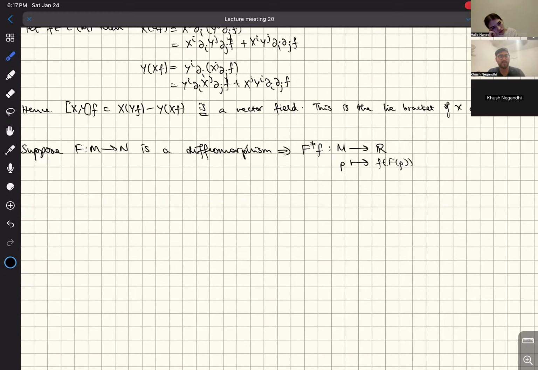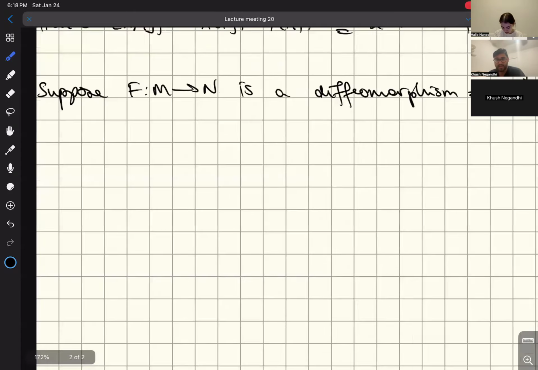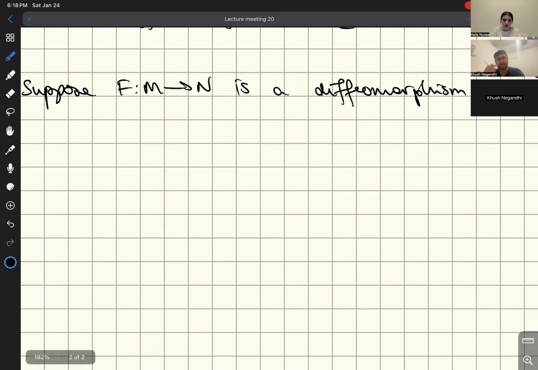In the problem sheet I've talked more about the pullback of vector fields, so I'll just give you the naive definition at this point, which I've also defined in the problem sheet. The idea is that at each point, we pull back the function, differentiate it, and then say that's our new vector field.